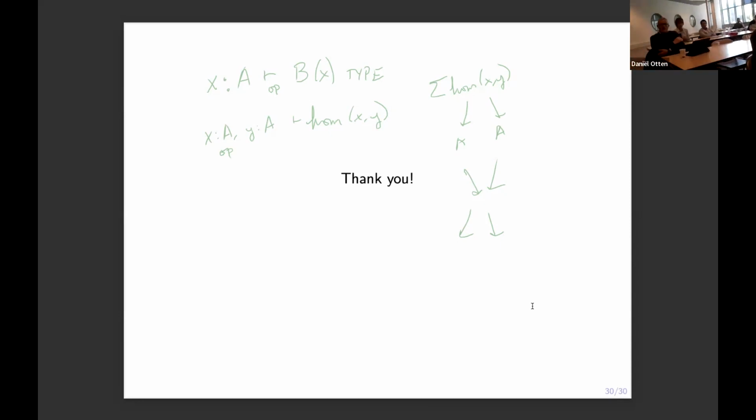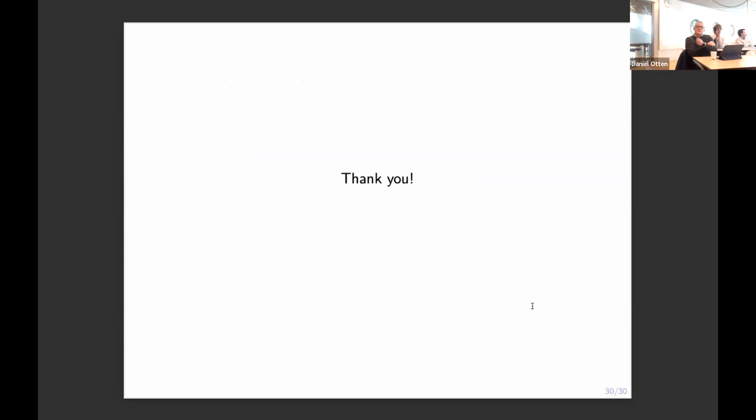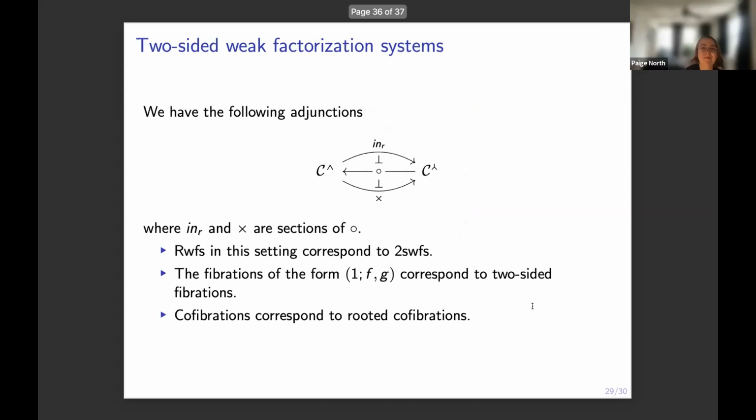Hi, Paige. On the last slide, you said correspond. Do you mean are exactly? Yeah, so this instance of correspond, it's not clear what that means because they're completely different kinds of structures. But in these two instances, I mean exactly.